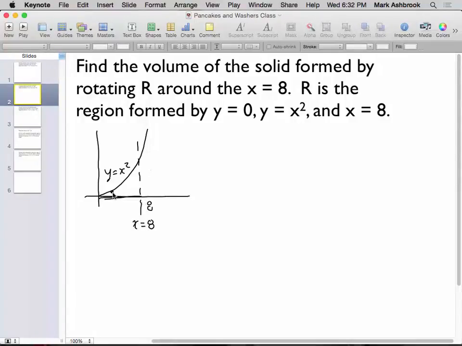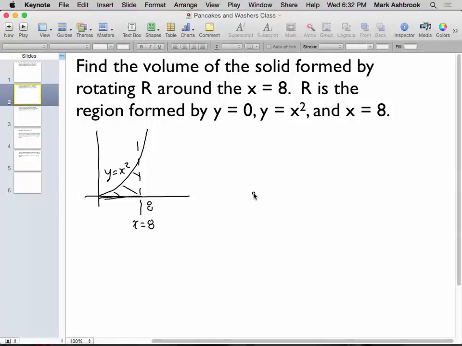So that region is there. That's the region. And last time we said, okay, if we make horizontal strips and rotate about x equals 8, we'll get a pancake or a disk.